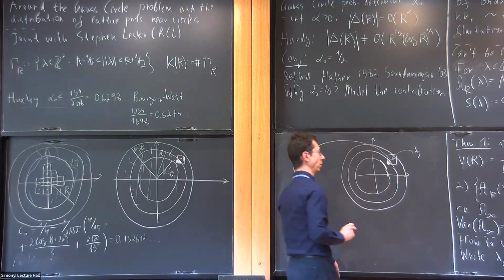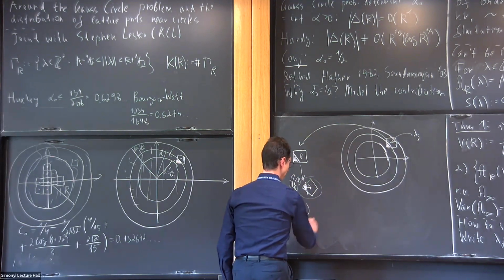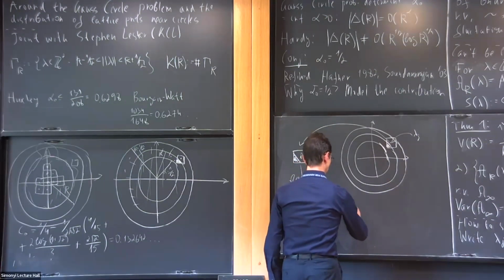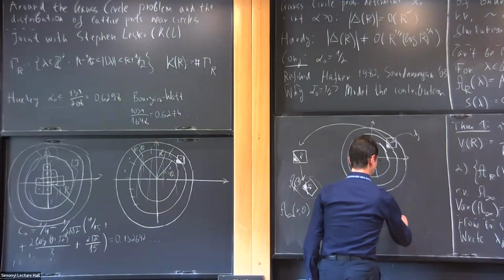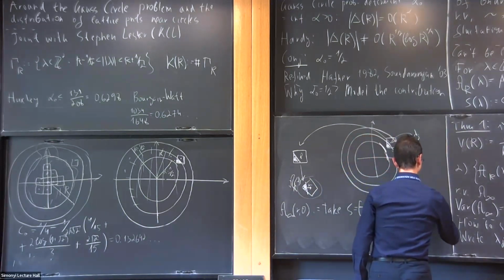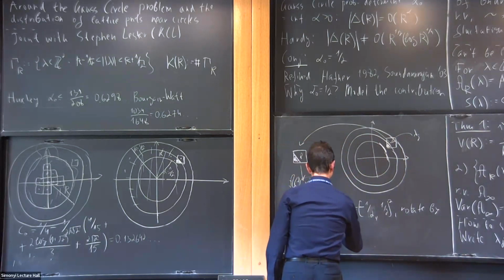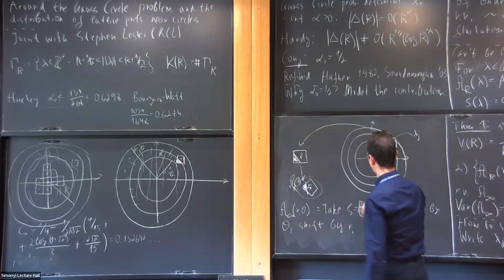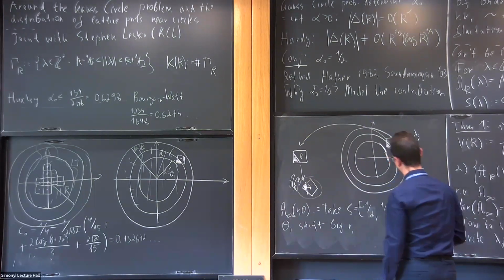Okay, so let's define the following random variable, A_infinity of r, theta. We take the square, with sides 1/2, 1/2, rotate it by theta, and shift it by r. The resulting random variable A_infinity is whatever is remaining to the left of the y-axis.